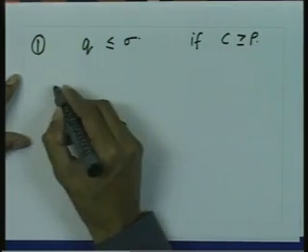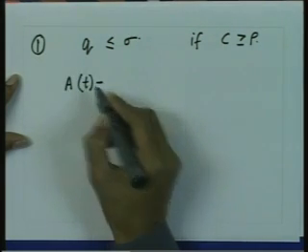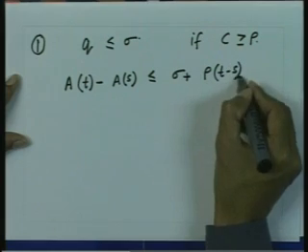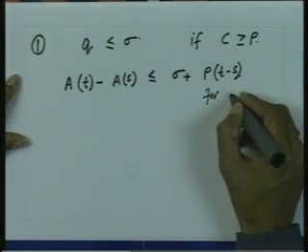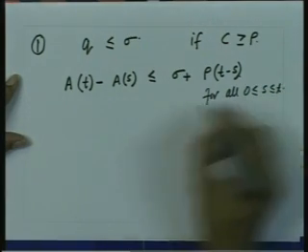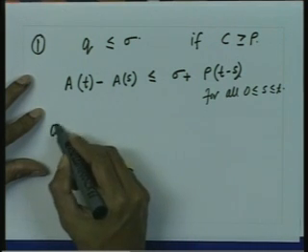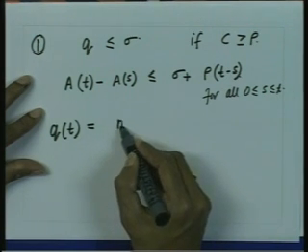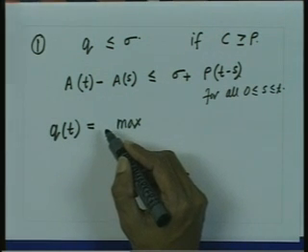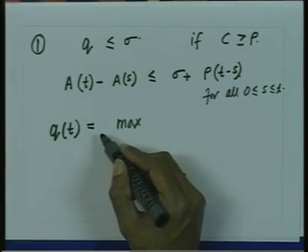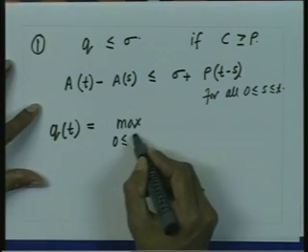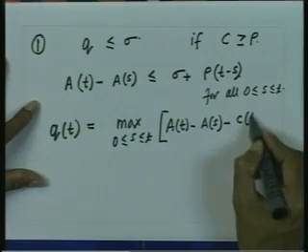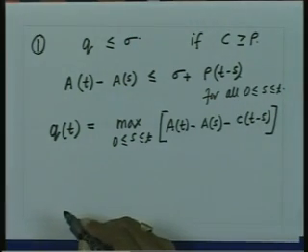Okay, so the proof is: since the traffic is rho sigma constrained, AT minus AS is clearly bounded by sigma plus rho into T minus S, for all T greater than S. Now we had proved for the deterministic queuing system that the queue length Qt evolves as the max of, okay, we had already proved that it evolves as the max of AT minus AS minus C into T minus S, right.